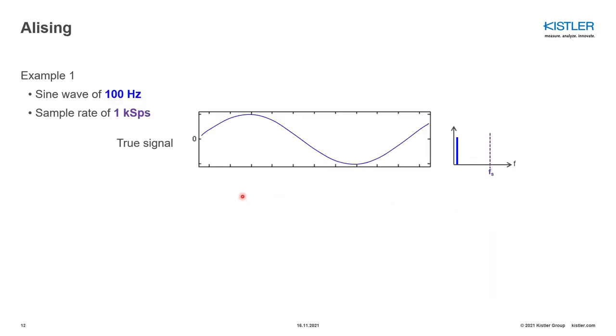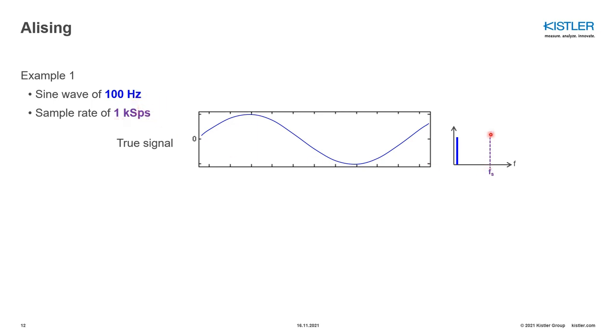Let's look at this example. Again, a sinus wave here that occurs at 100 Hertz, this blue vertical line here, and we are sampling with 1000 samples per second, so 1000 Hertz. This means 10 times.